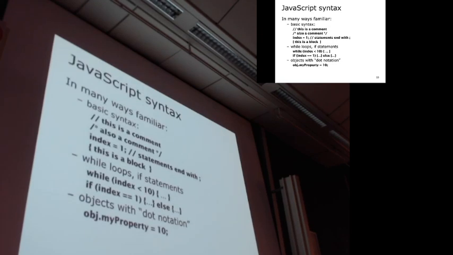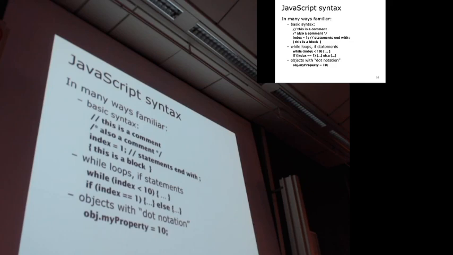So if you've done the design book, you see that in many ways the syntax is familiar. So comments with // and then the rest of the line is a comment, or you can use /* as in C++ for comments. You have statements ending with a semicolon. For people doing C++ or Java, that will be very familiar, but also if you have done Python, this will not be completely unfamiliar.